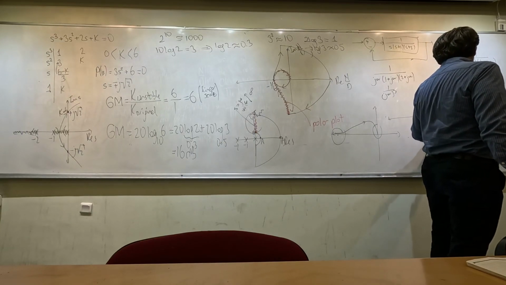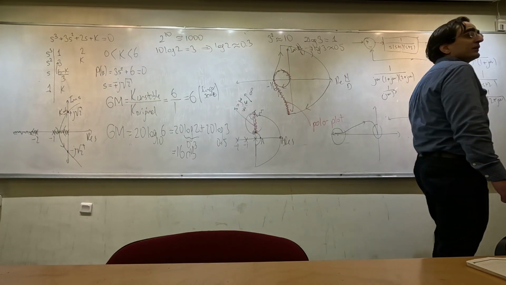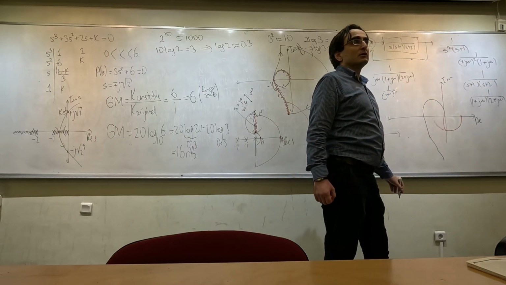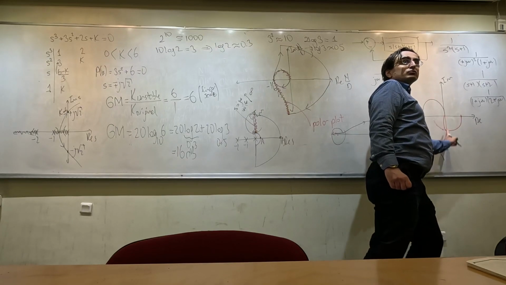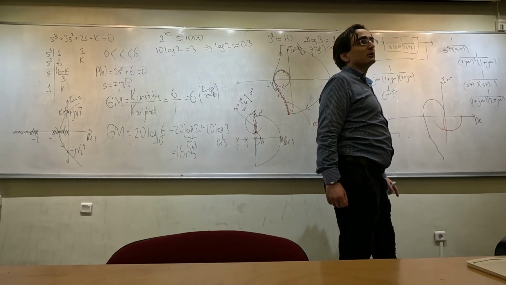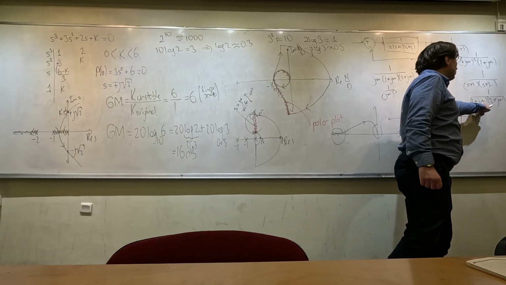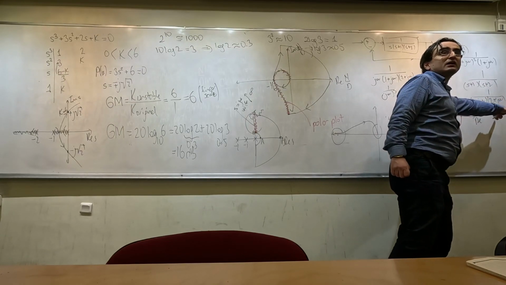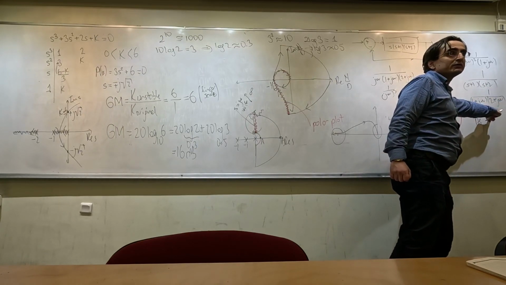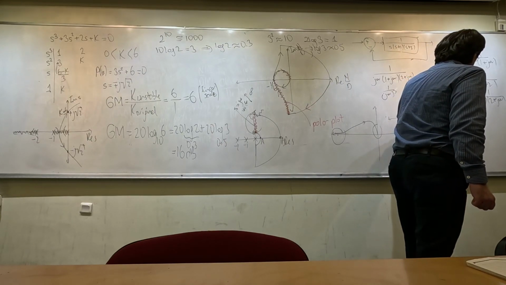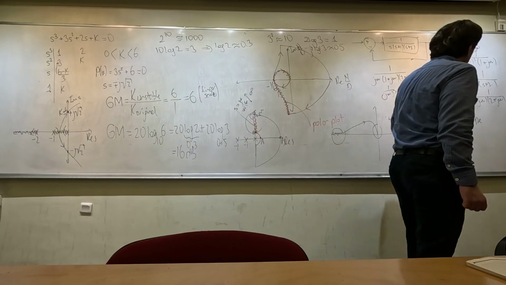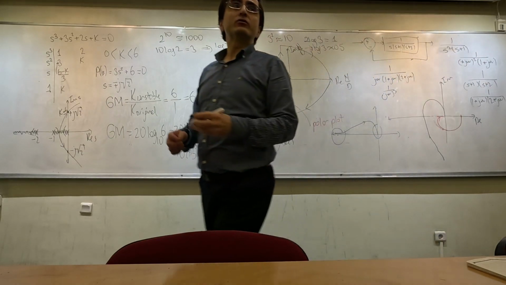So do you think we are going to go to 0 from that axis, like this? As omega goes to infinity, will I converge to 0 like this? No, as omega goes to infinity, the angle has to become minus 180 degrees. That means I need to turn here and go to 0 in that direction. Yes?